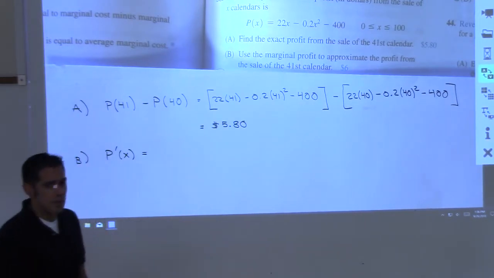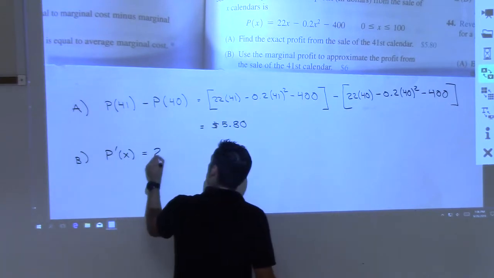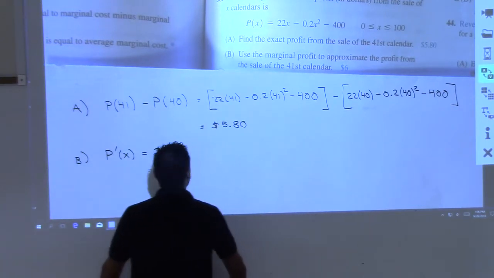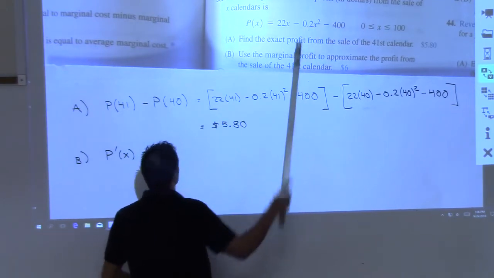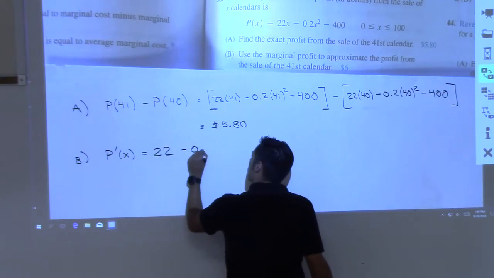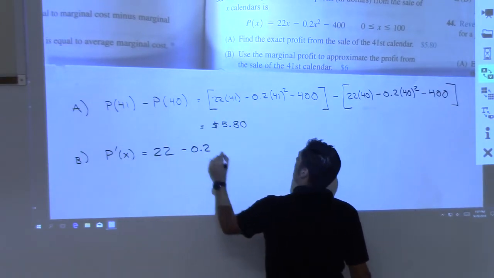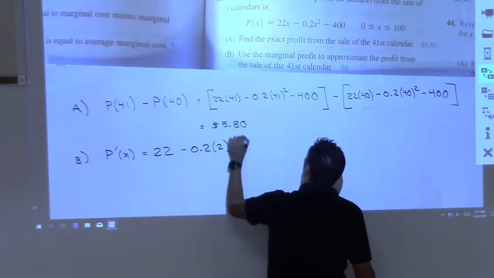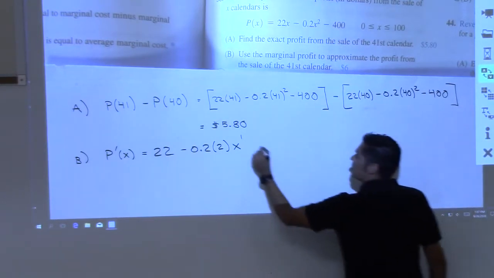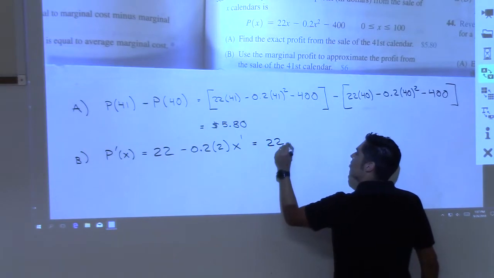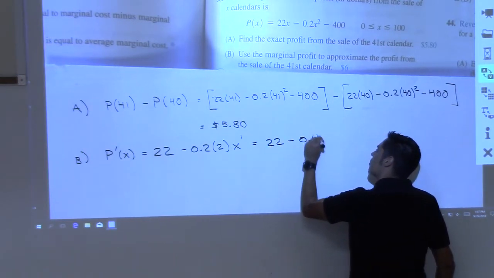Because the derivative of 22x is 22. And then we have to take the derivative of this. The 2 comes out, so it's going to be 0.4x, and then that's x to the first power. And what's the derivative of 400? 0. So this just becomes 22 minus 0.4x.